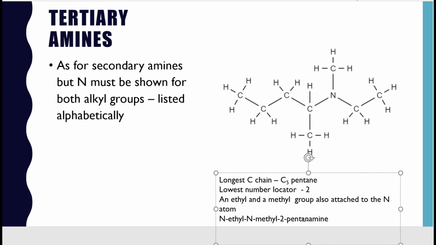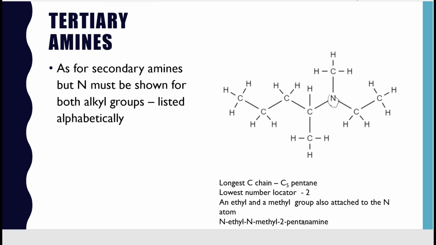So looking at a tertiary amine. Recapping here, our tertiary amines are named the same as our secondary amines. The only difference here is we have 2 alkyl groups now attached. So if we look at our nitrogen here, you can see that there are 3 carbon groups attached off that nitrogen.